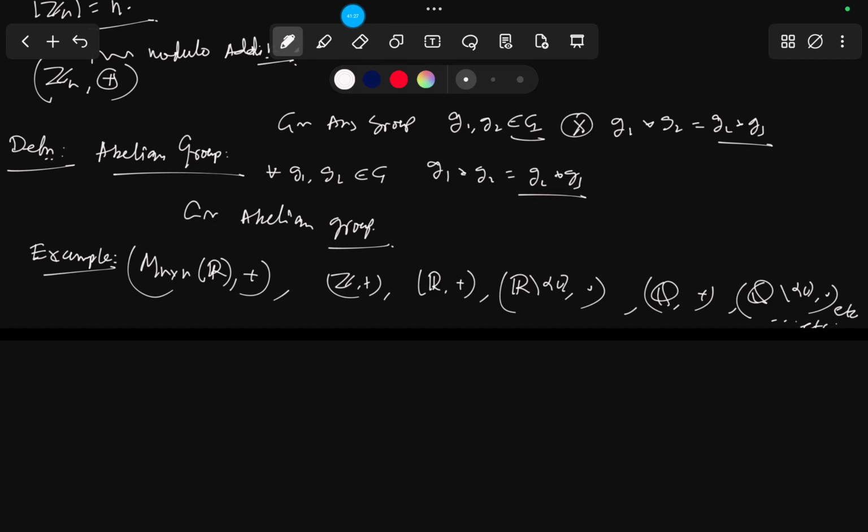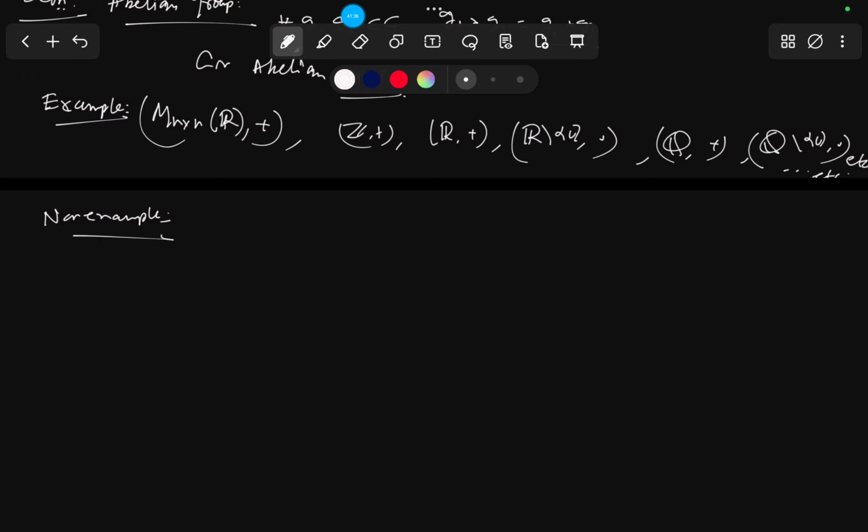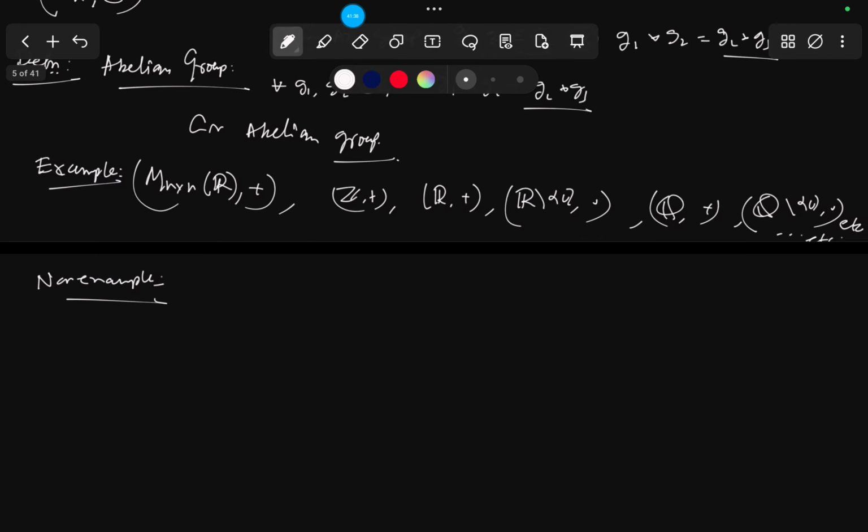Okay, some non-examples. The very natural choice for a non-example is that we know matrix multiplication is not going to be abelian in general, so you can think of GL n R with respect to multiplication, which is not abelian, right?